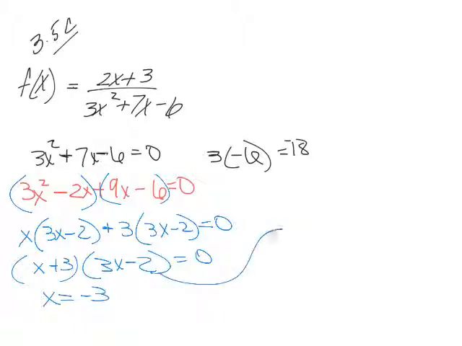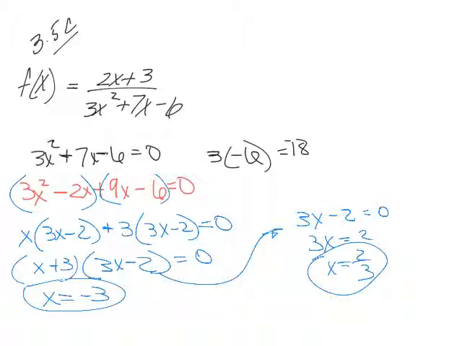Or, let's go ahead and do the algebra here. 3x minus 2 equals 0. 3x equals 2. x equals 2/3. So there and there are my vertical asymptotes. So I'm going to put that up here. Vertical asymptotes: 2/3 and negative 3.